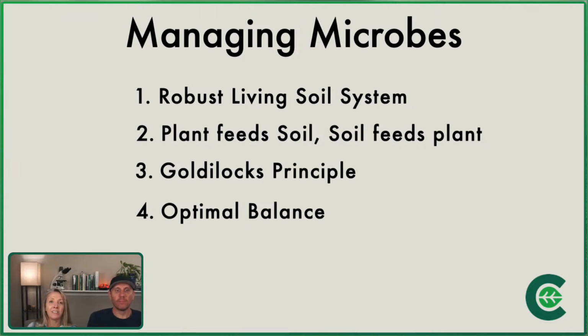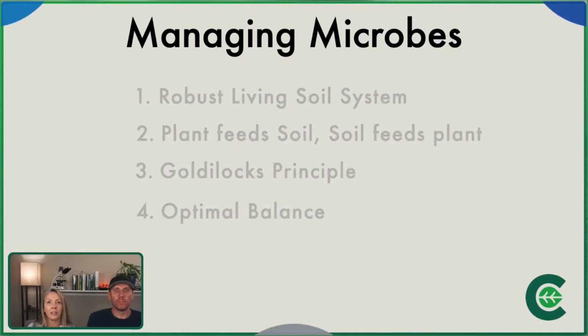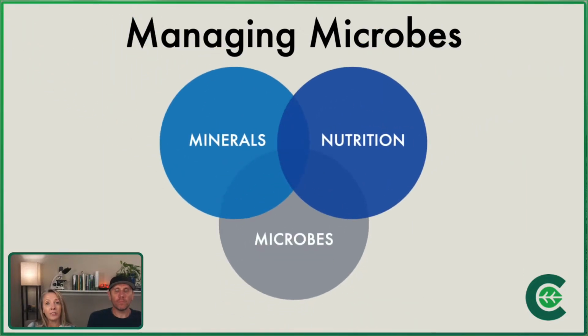Yes, balance in the system, balance in all three of these components that we're talking about. So the three components are, again, the microbes, which are the foundational cornerstone of everything that we do. They are the ones who speak to us, tell us what we're doing above ground is actually making them happy and allowing them to provide what they need to provide to your plants, or is it not?